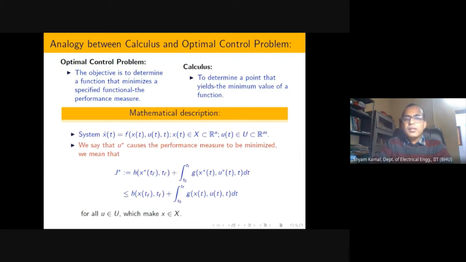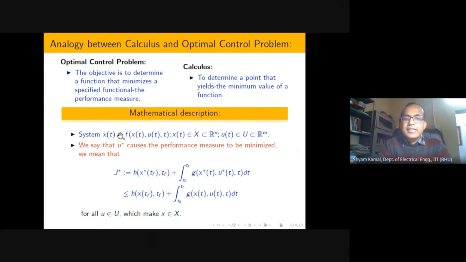In calculus, we are trying to determine a point that yields the minimum value of the function, since we also talk about maxima and minima of some function. At that time we are just searching for some point. But here I am not going to search for a point, I am going to search for some kind of function, the whole function.